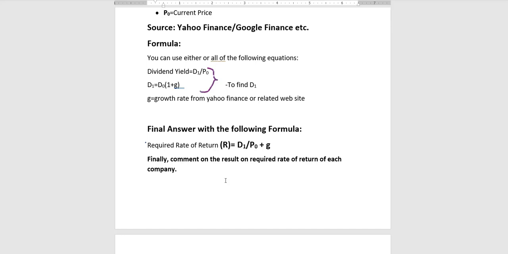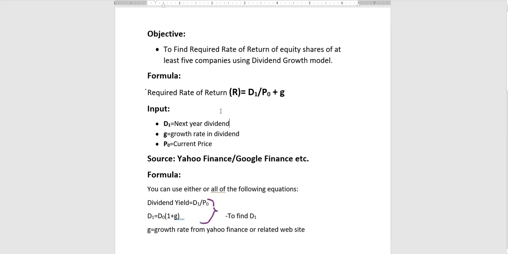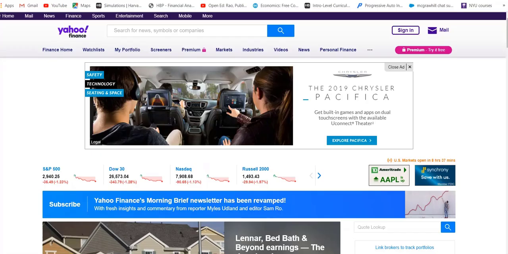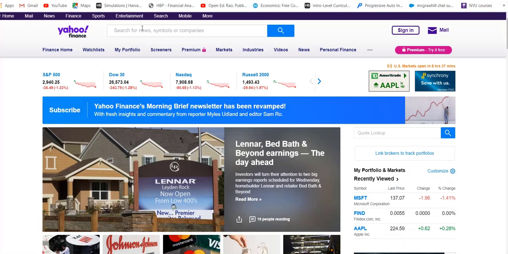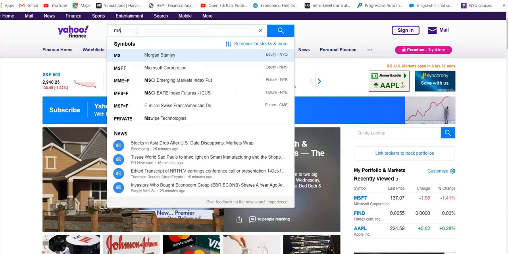Now I'll show you how you can use Yahoo Finance to find the required rate of return. You'll use the Yahoo Finance website and search for a company. I'll search for Microsoft Corporation. If I type just the first few letters of the company, it will pop up.